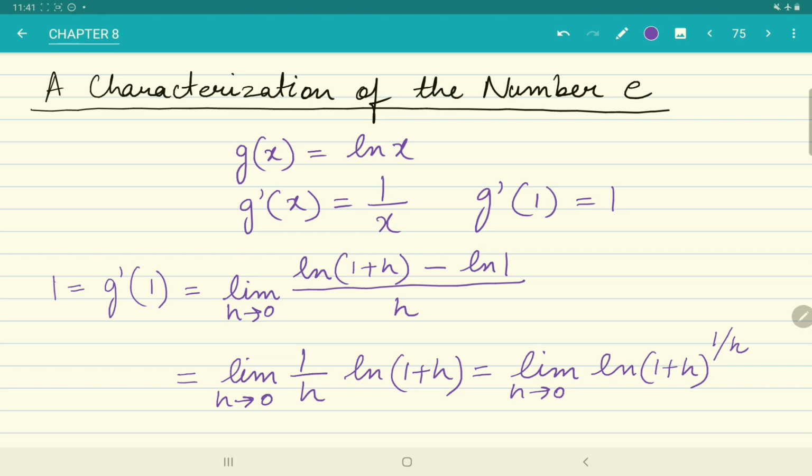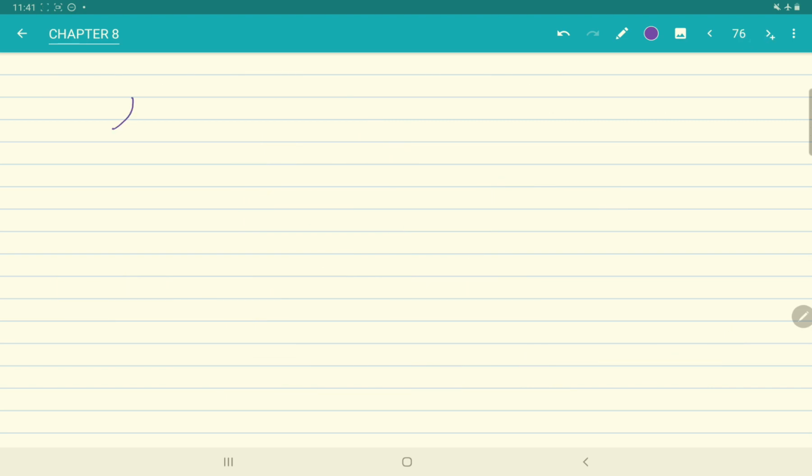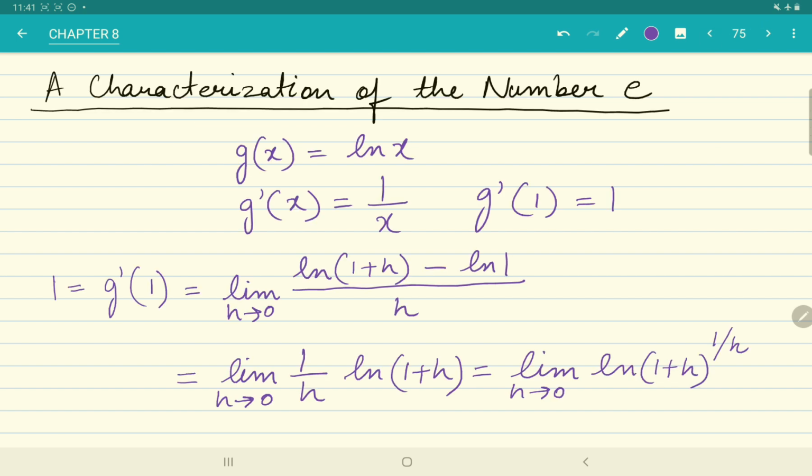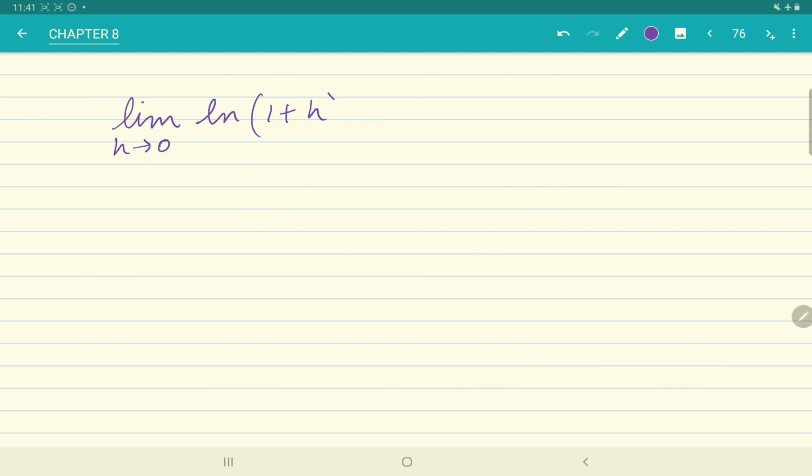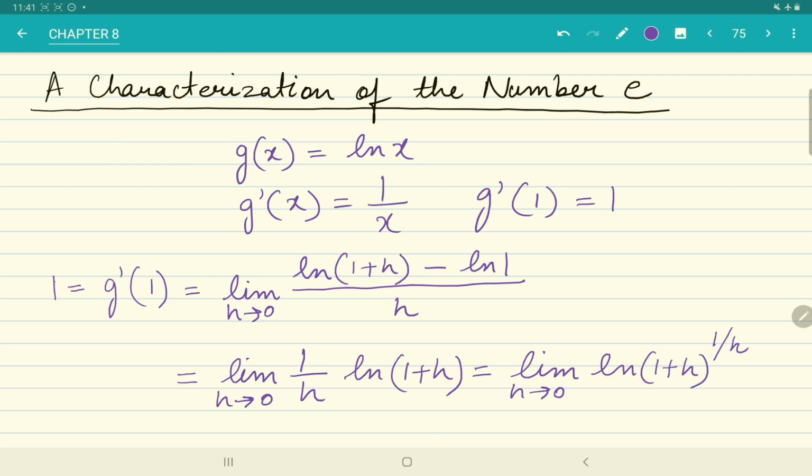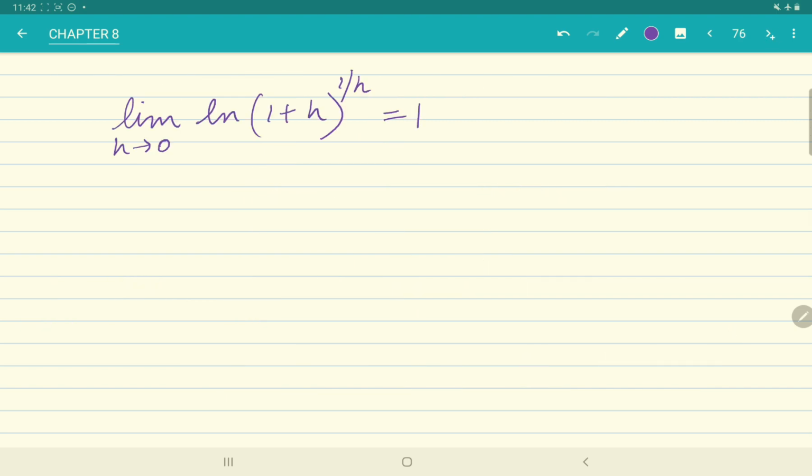So what we see here is that limit h tending to 0 ln of 1 plus h raised to the power 1 by h is equal to 1. And that just means that ln of 1 plus h raised to the power 1 by h tends to 1 as h tends to 0.